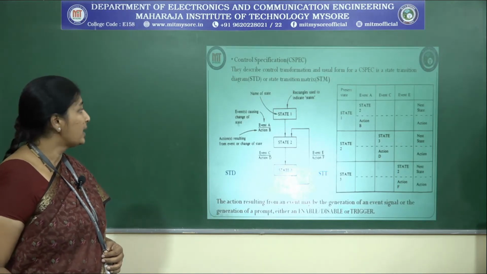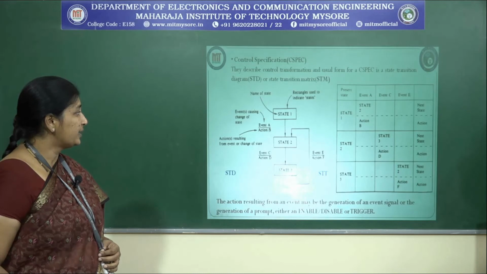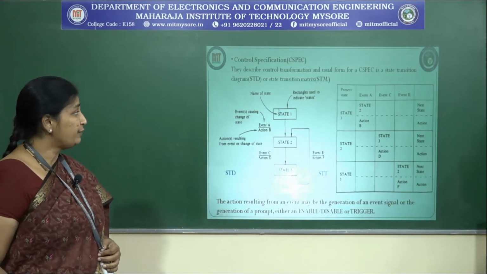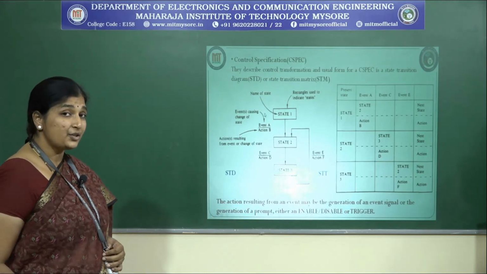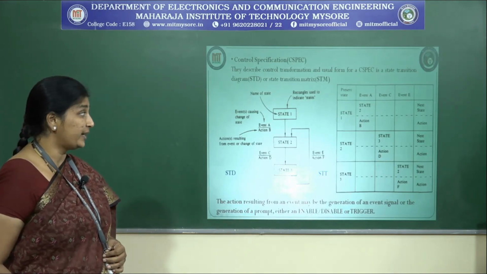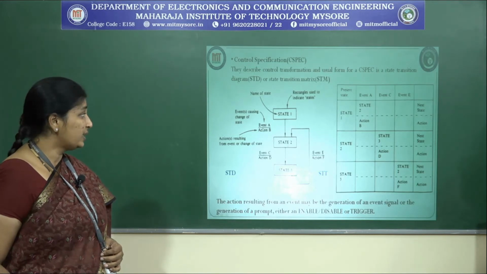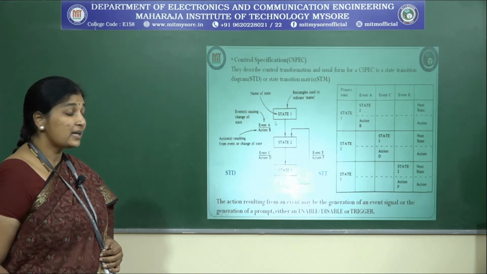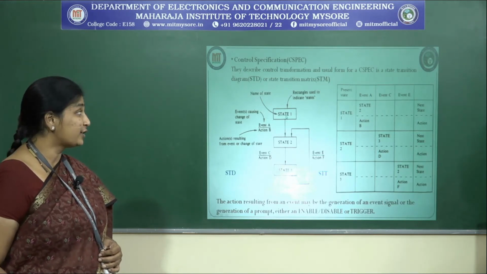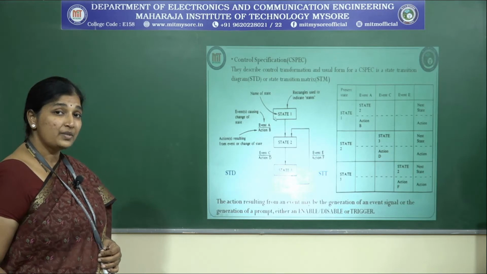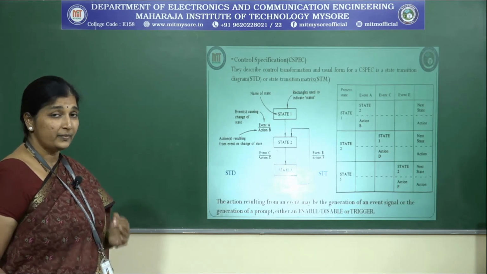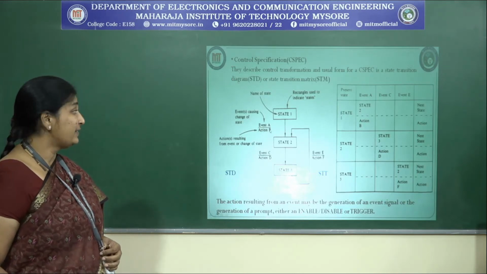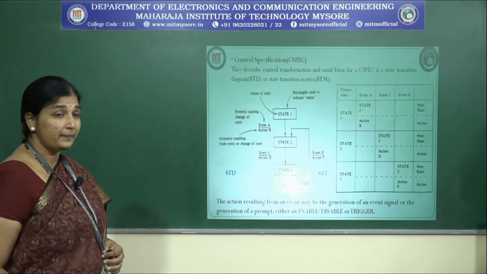Now events are written in this fashion: event A divided by action B. If there is a state transition from state 1 to state 2, it is because of the action B for the event A that has occurred. This is how you can think. So it is written as event A by action B.